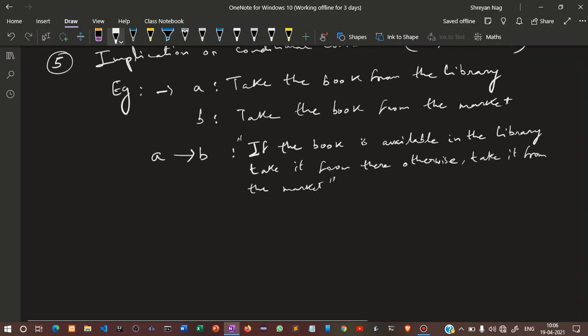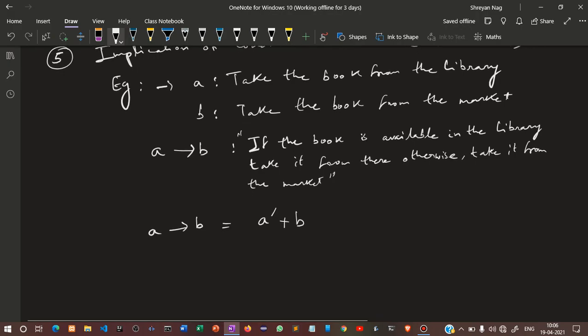The implication A implies B can also be written as negation of A plus B. And if you have written like this, B implies A, then it will be negation of B plus A. Both are correct.